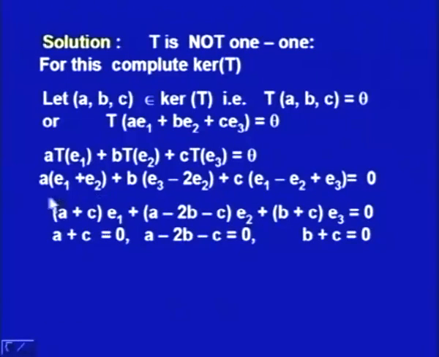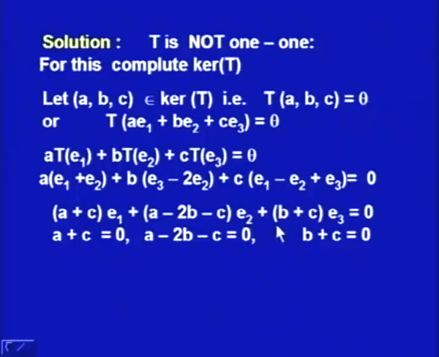Then we collect different terms, E1 first. From here it is A, no contribution from this, and here we have C. So we will have (A plus C) times E1, plus the next is E2. A is coming from the first term, so (A minus 2B minus C) times E2, plus (B plus C) times E3, with no contribution from the first term.